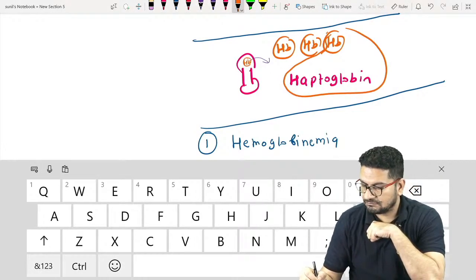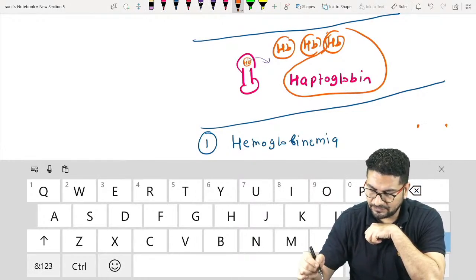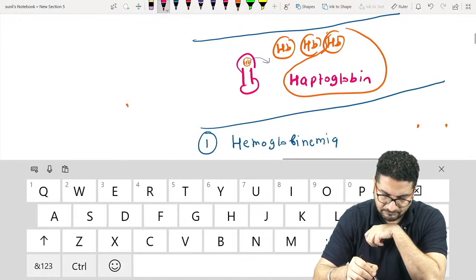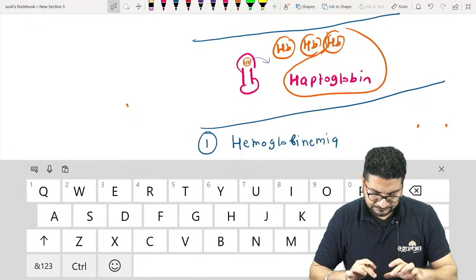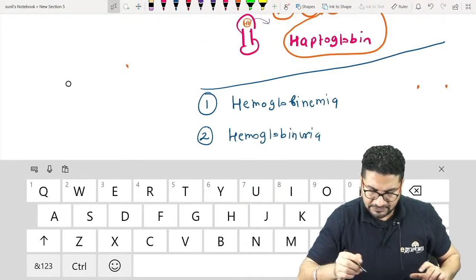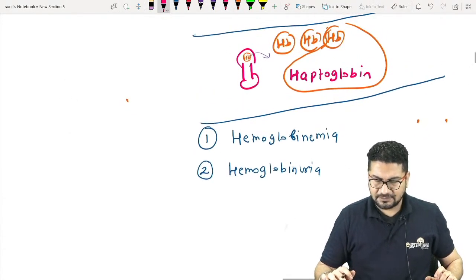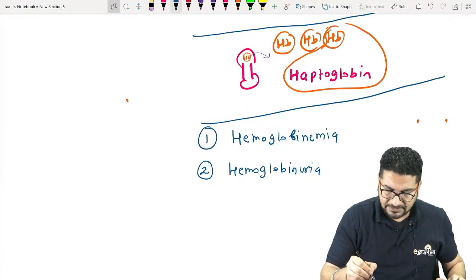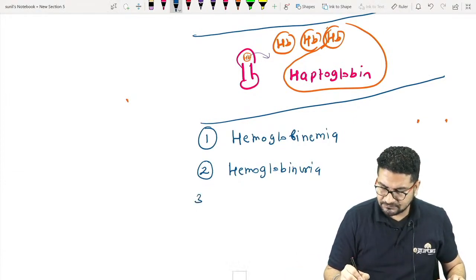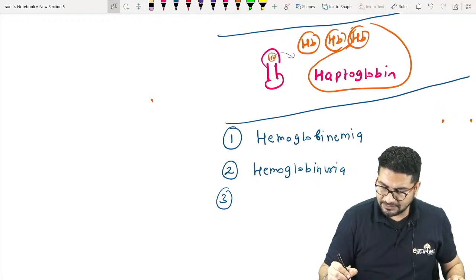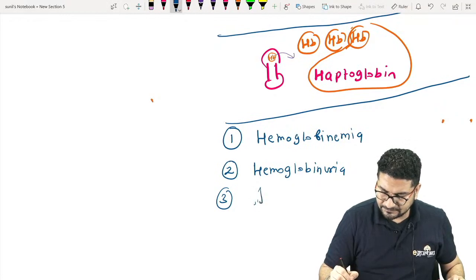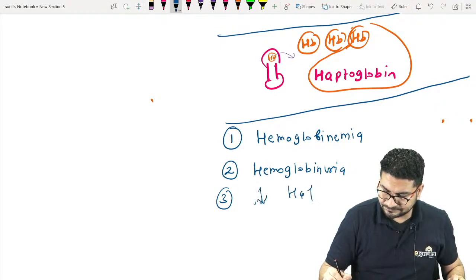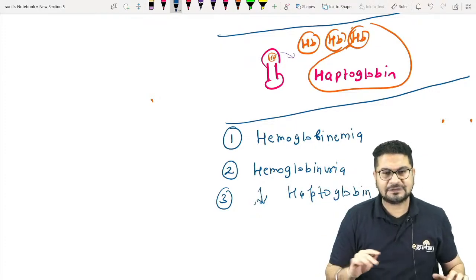But now there is a lot of hemoglobin, and they are dying. Then haptoglobin is not sufficient. So haptoglobin levels are not enough, and we call this decreased haptoglobin.